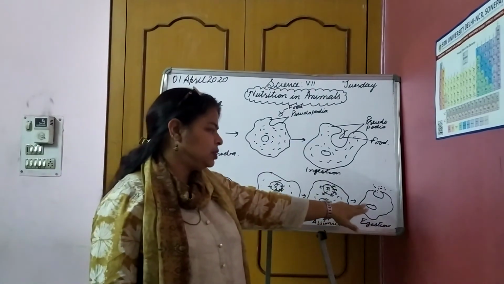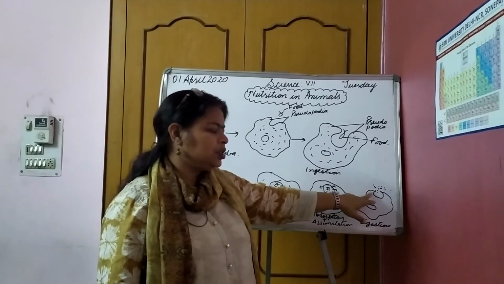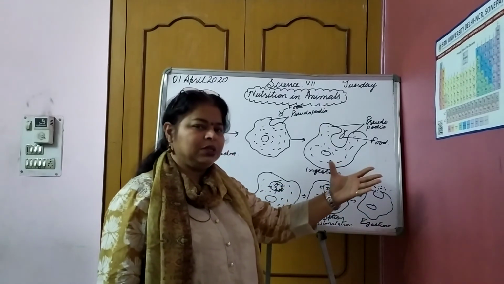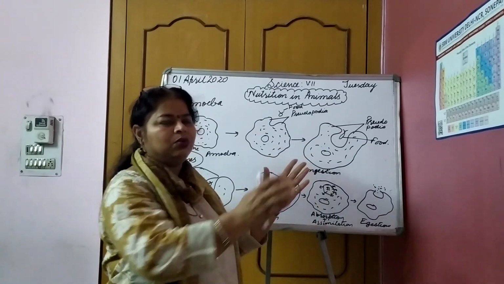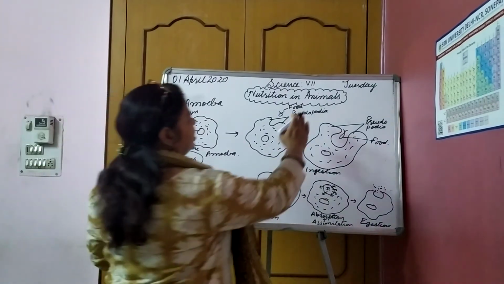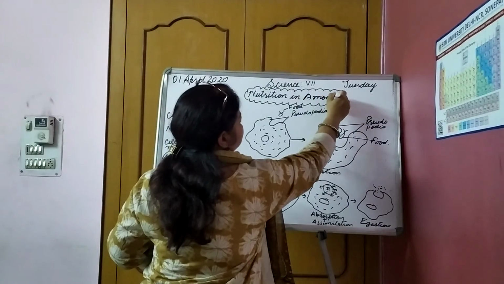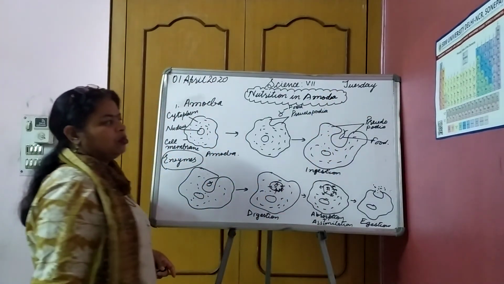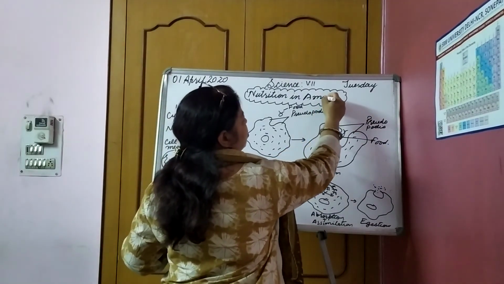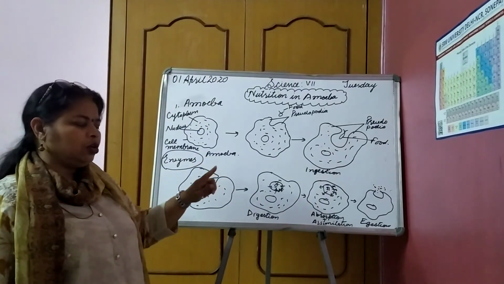And finally, this food vacuole reaches the periphery of the amoeba and bursts open, and whatever is the waste is expelled out. So this is how nutrition in amoeba takes place. I hope it is clear to everyone what is the mode of nutrition in amoeba.